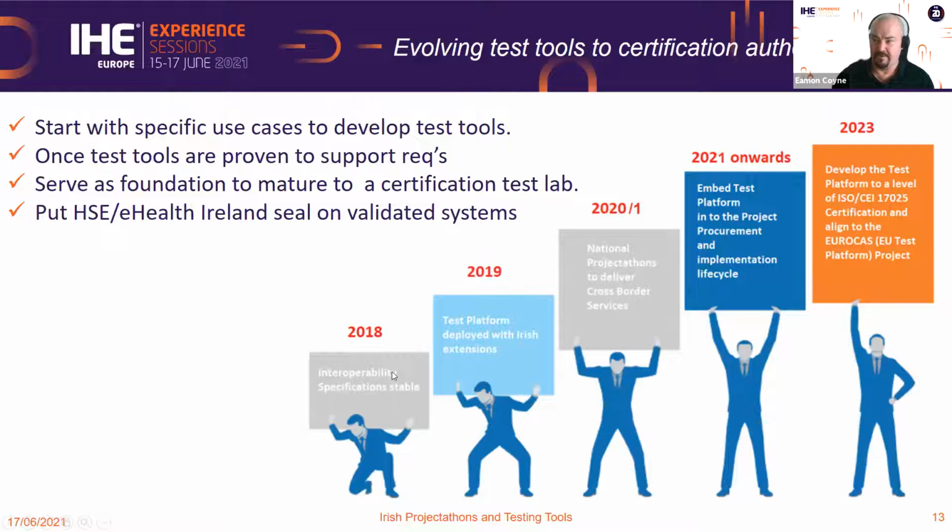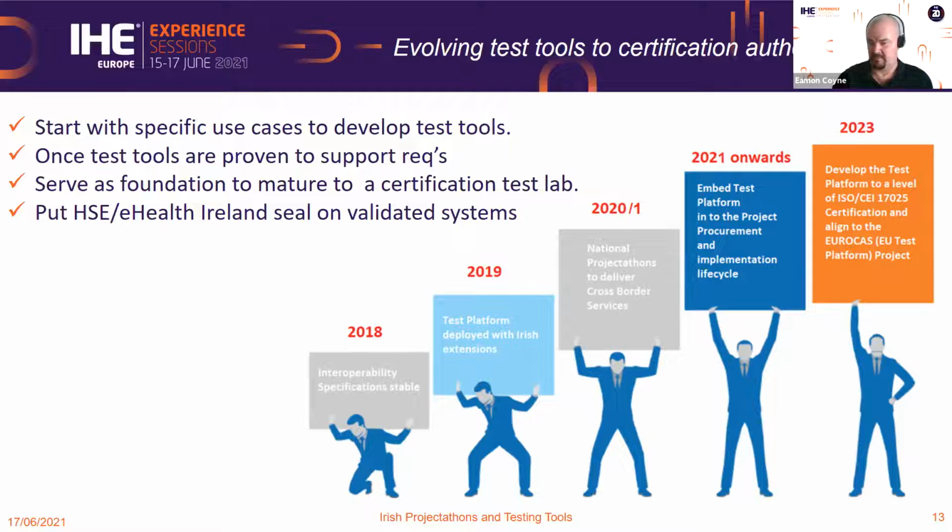In terms of evolving our test tools, the plan is to move to a certification authority: start with a specific use case and develop the test tools. Once the test tools are proven to support the requirements, the service is the foundation to mature to a certification test lab, and then the longer term roadmap is to put HSE eHealth Ireland on the validated systems that come on board.